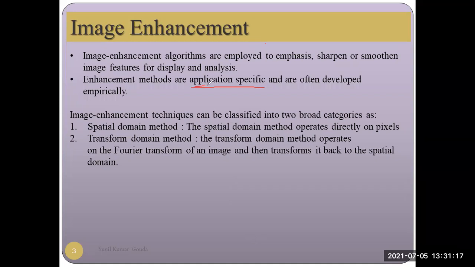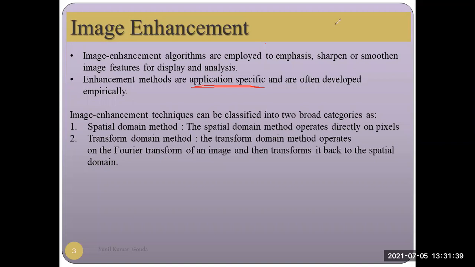That means we will apply only the algorithm or the type of transformation or image enhancement that we actually need. Sometimes you want to improve the brightness, because some of the objects in the images are not clearly visible. So what is application specific here?